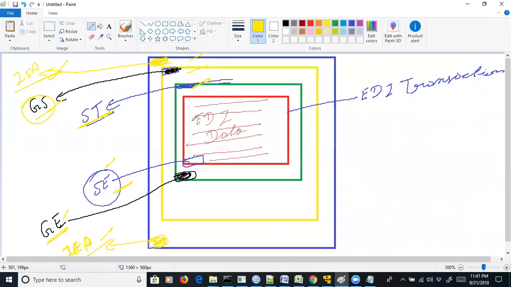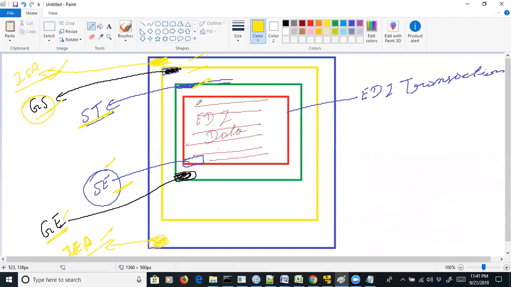Now let's discuss the transaction envelope. The transaction envelope groups one set of transactions. Suppose you have one purchase order. That one purchase order will consist of at least 4 or 5 records, or lines.